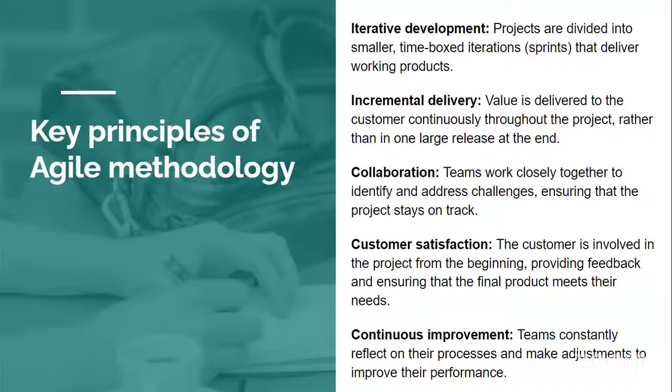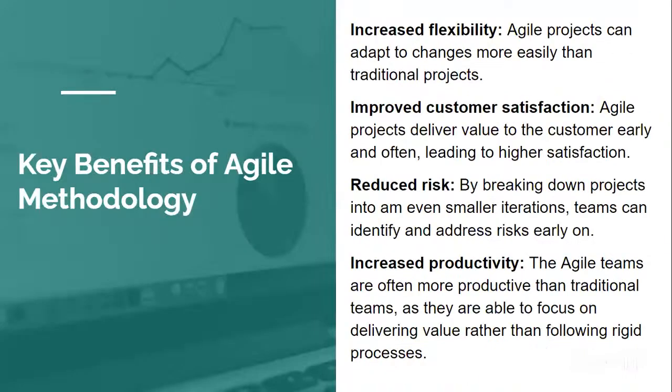Also, we have the continuous improvement. Teams constantly reflect on their process and make adjustments to improve their performance. Also, there is increased flexibility. Agile projects can adapt to changes more easily than the traditional projects. That is changes that occur along the line while still carrying out the projects.